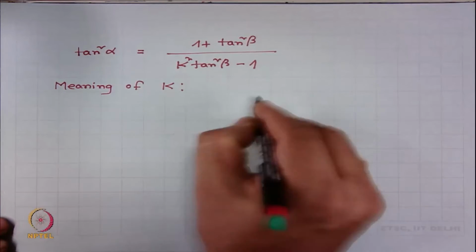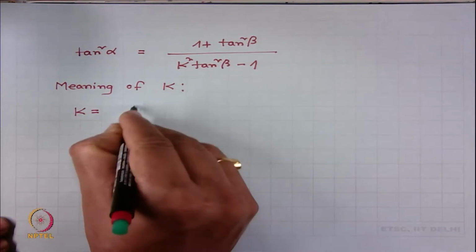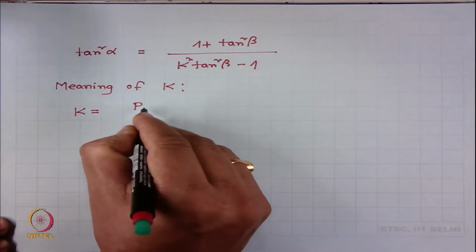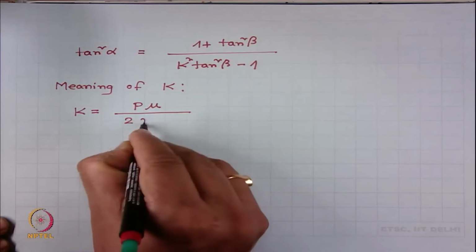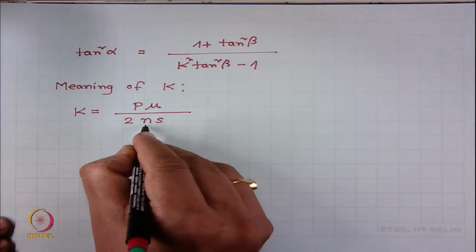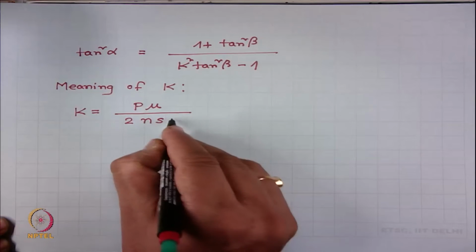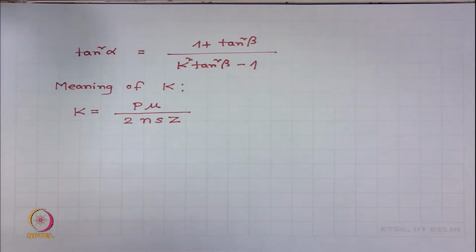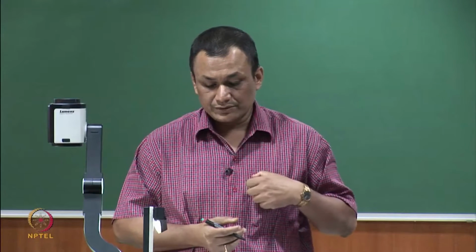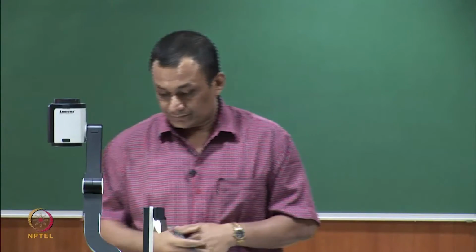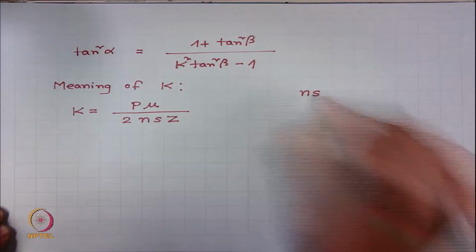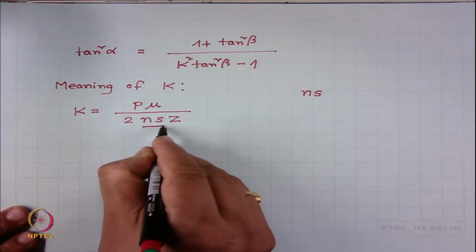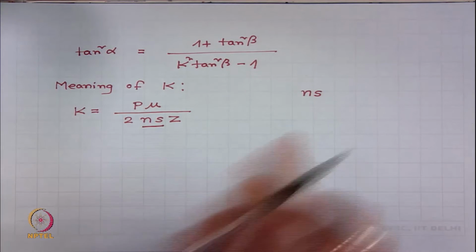K was equal to P, period of migration, multiplied by packing density, 2 times n, number of fibers in yarn cross section, S is the cross sectional area of a fiber, Z is twist, which is constant. So, this was equal to K. Now, let us think about this quantity n times S. What is this quantity?